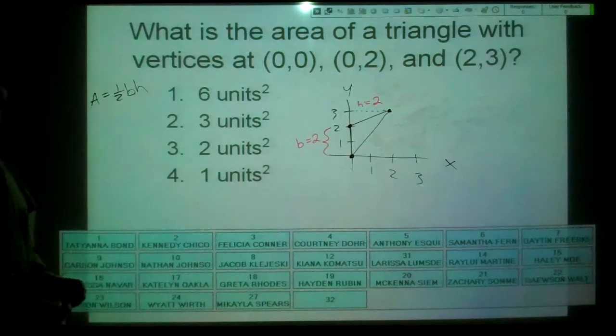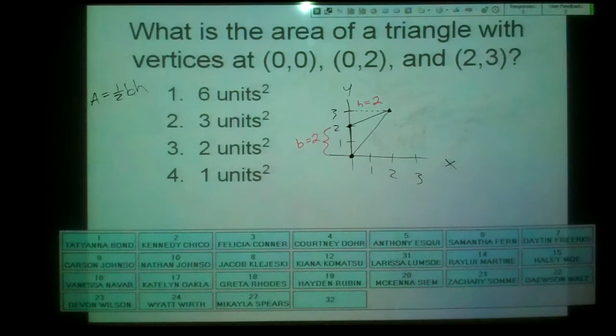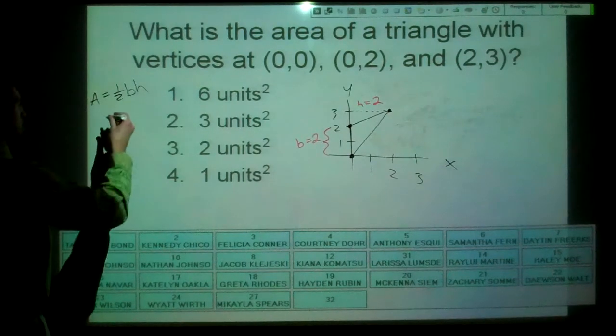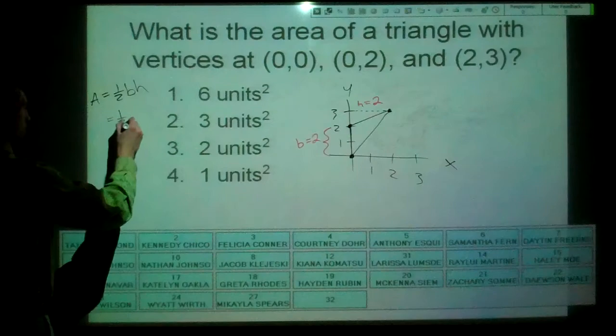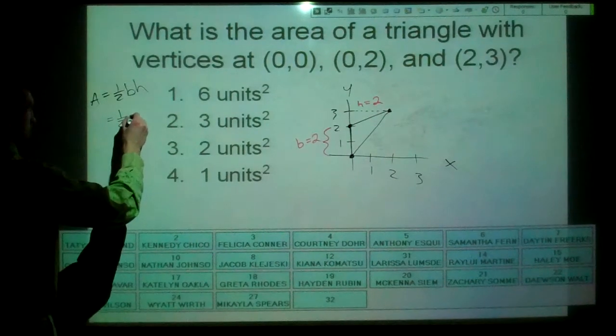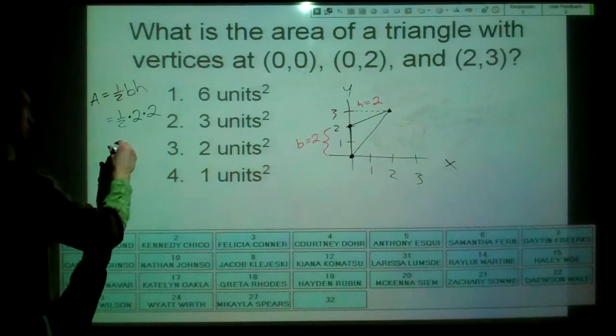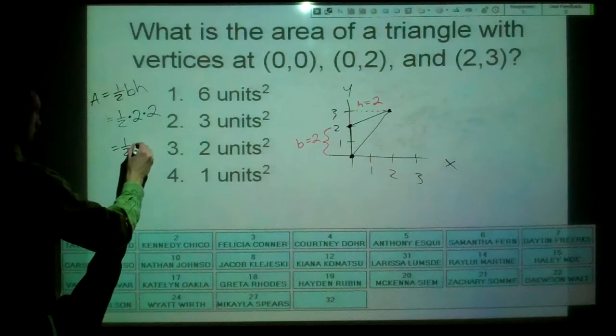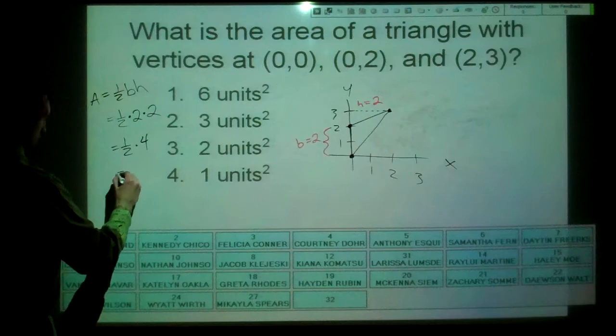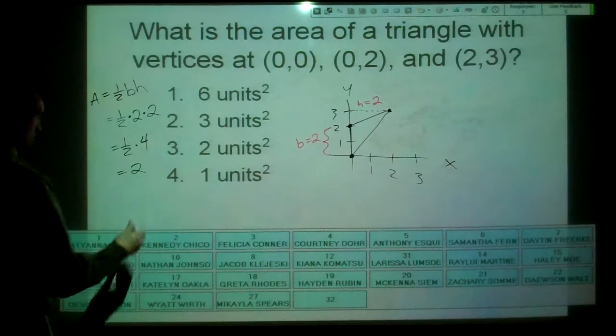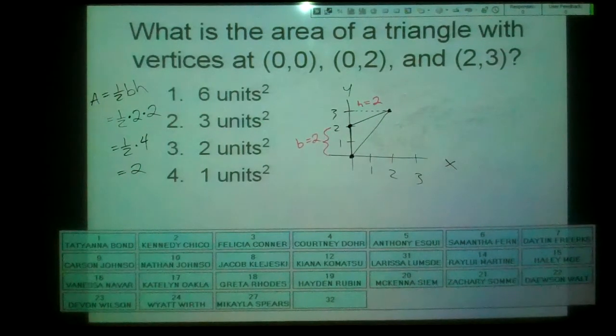Alright. And then we could plug in some numbers here. So 1/2 times our base, which is 2, times our height, which is 2. So we multiply these two together, you get 1/2 times 4, or 1/2 of 4 is 2, and we are in units squared.